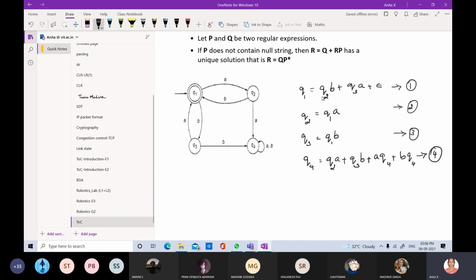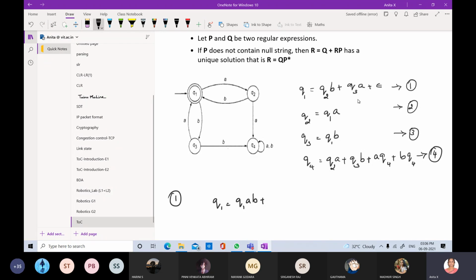So what I'm going to do is make use of these other equations to make the appropriate substitutions, okay? So I'm going to update equation 1, because for this equation only I have to proceed with converting to regular expression, because Q1 is the final state, right? So here Q1 is equal to, instead of Q2, I'm going to incorporate Q1A.